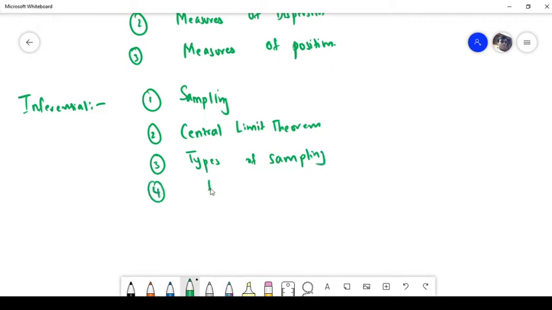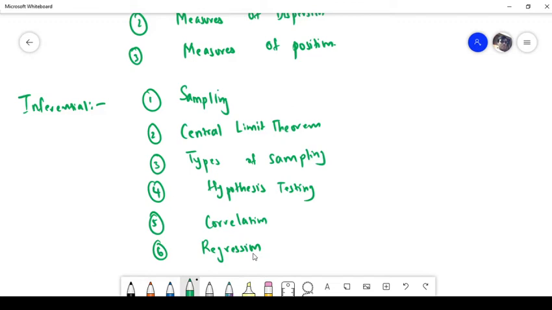Fourth, hypothesis testing. Fifth, correlation. Sixth, regression. These are the different topics which I'm going to cover under inferential statistics.